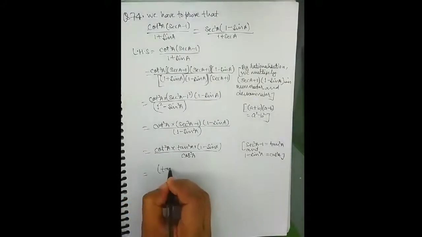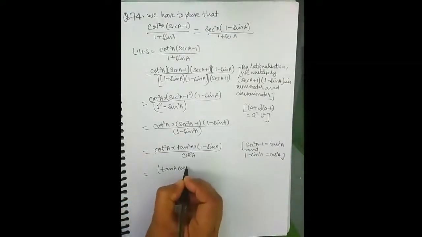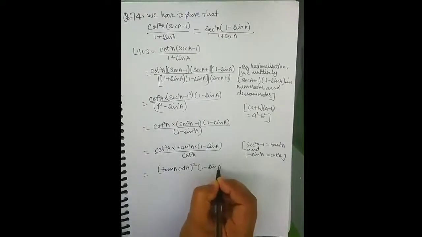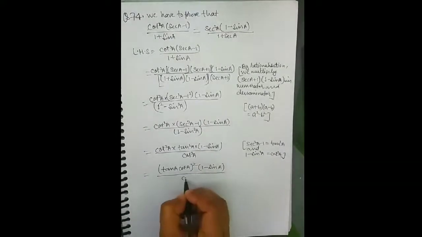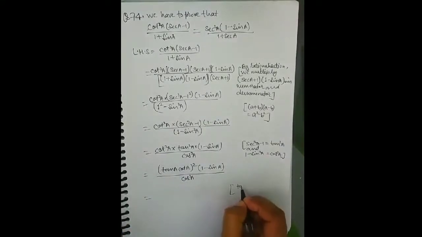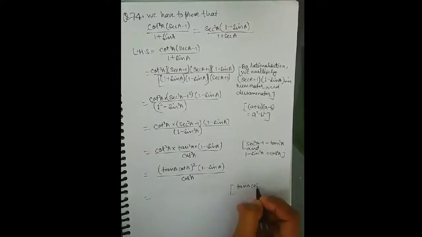We can write (tan a into cot a) whole square into (1 minus sin a) upon cos square a.